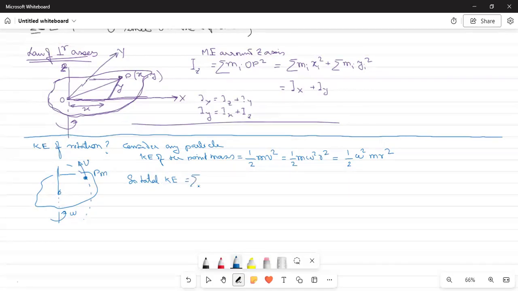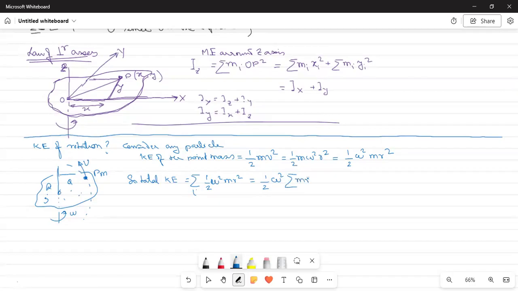So it will be sigma half omega squared m r squared over i. Half of omega squared goes out because omega is the angular velocity, and angular velocity is the same for any point P, Q, R, S, any point that you think. For all of them, angular velocity is the same. But m and r are not the same.